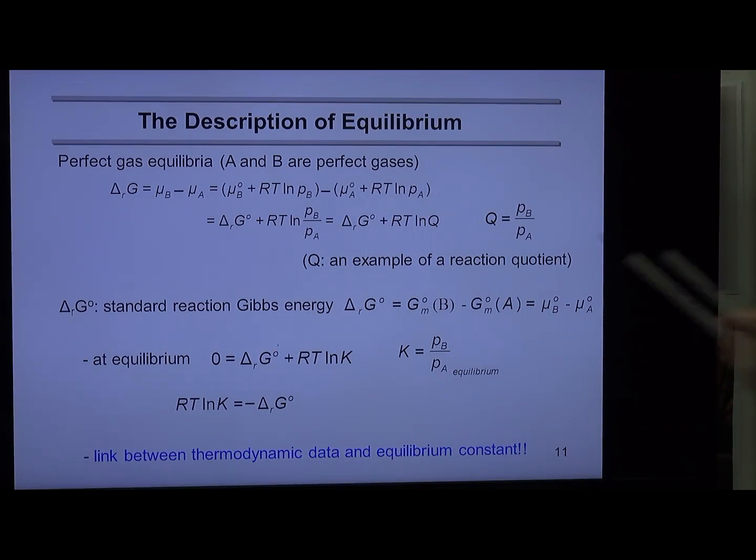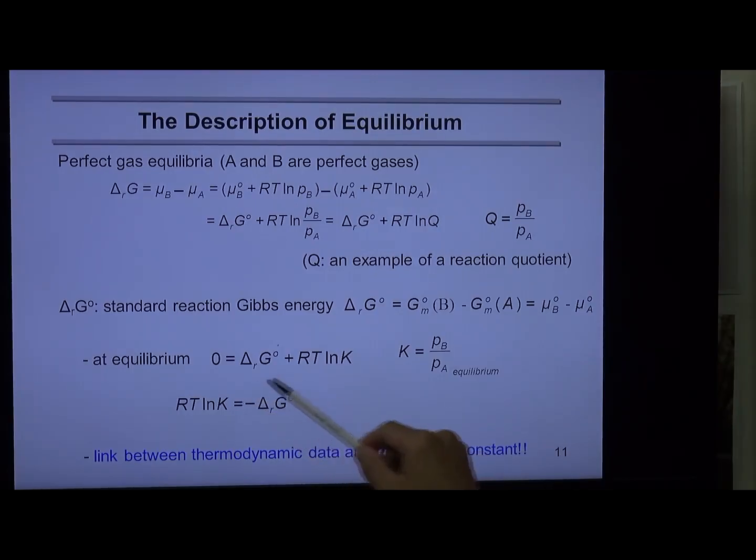This is a very important equation because standard reaction Gibbs energy can be determined based on thermodynamic knowledge that we have learned so far. Basically, this is thermodynamic data. And on the left side, ln K, equilibrium constant.